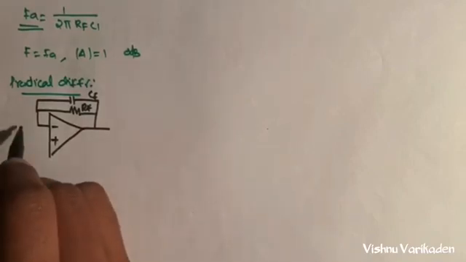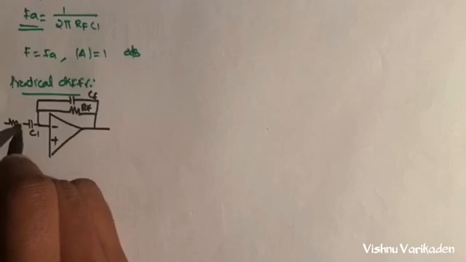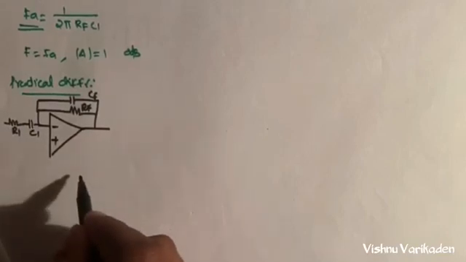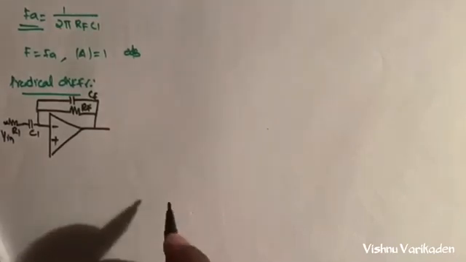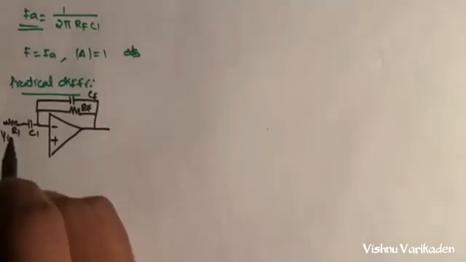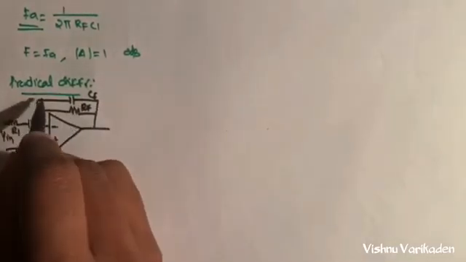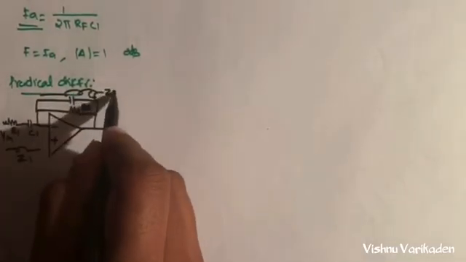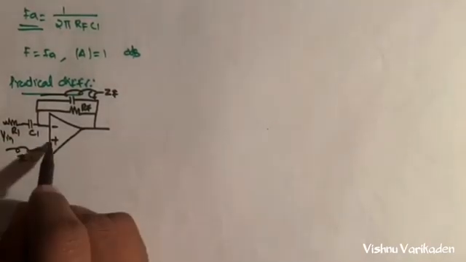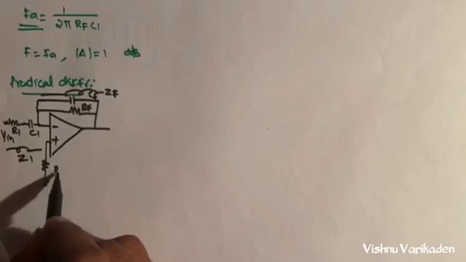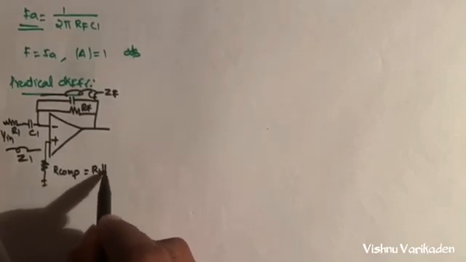The other component, R1, is here, in series with the input capacitor C1. So we will apply the input. This one is Z1, and this one is Zf. In this we are applying one of the components as the compensation resistor, that is equal to R1 parallel Rf.